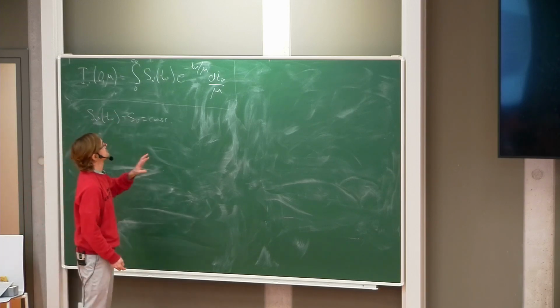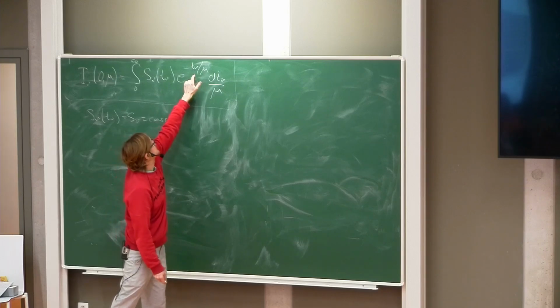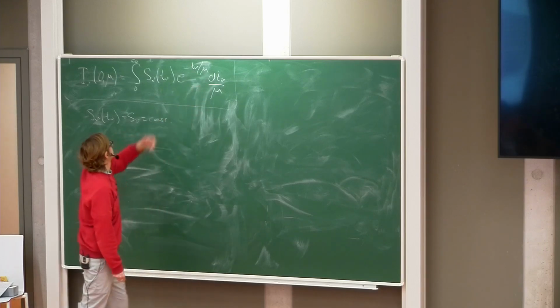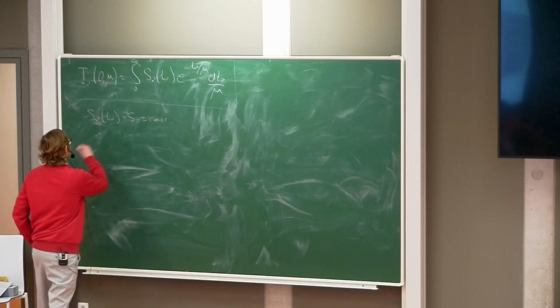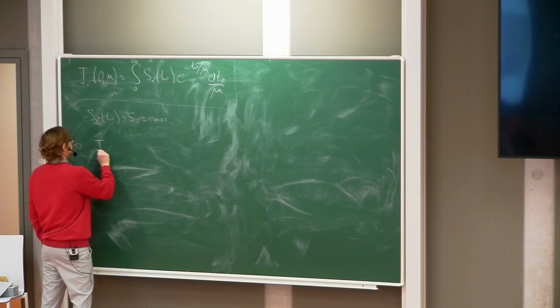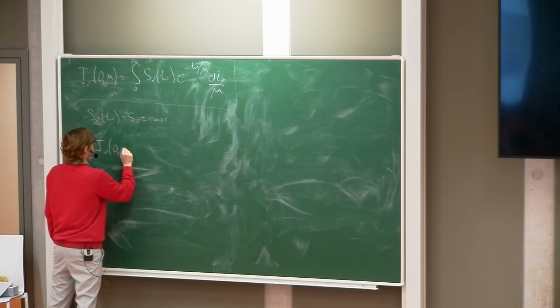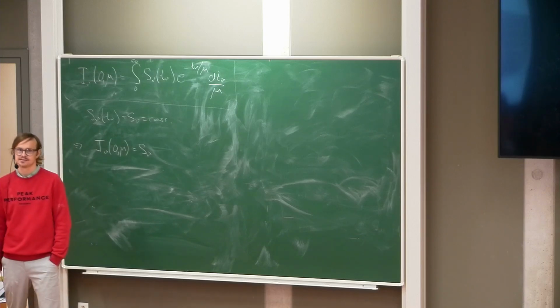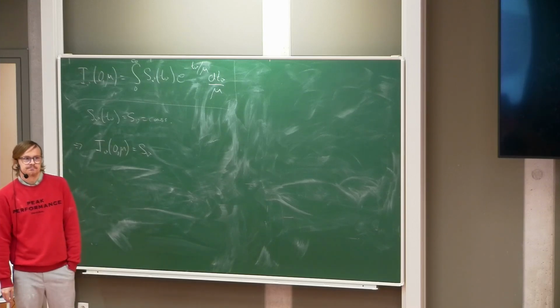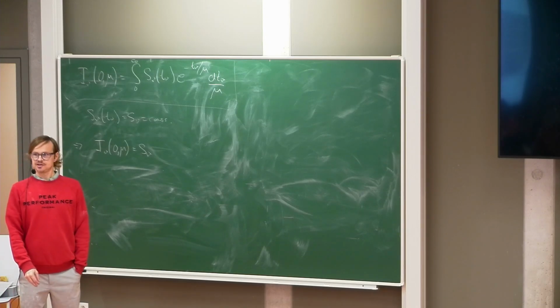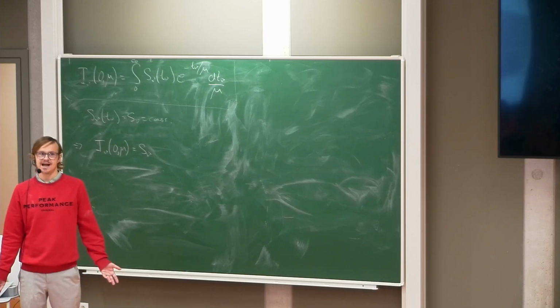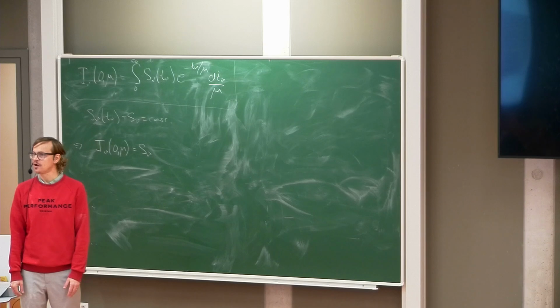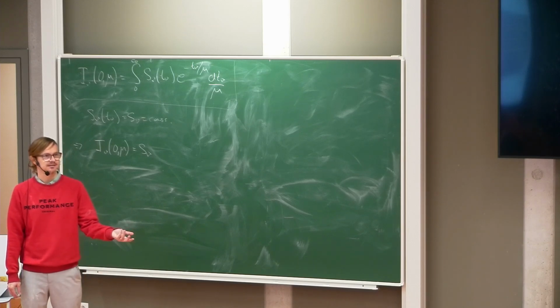We could do a variable substitution, x = tau_nu over mu, etc. We evaluate this, then I_nu(0, mu) is just going to be the source function, right? And we should have known that already, because that was the result we obtained from the homogeneous slab in an optically thick medium, right?